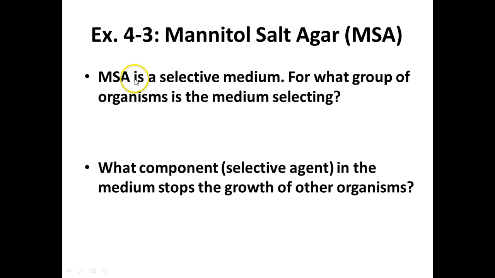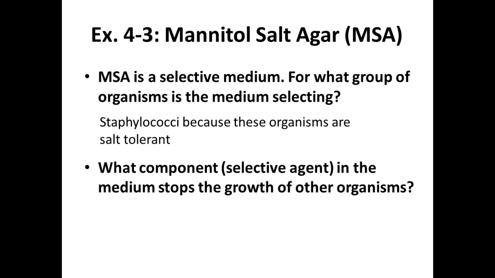The first one we're looking at is the Mannitol Salt Agar, and as I said, all these medias are selective. This one is selective for a particular group of organisms that we're typically looking for in clinical samples: Staphylococcus. The selective ability of this plate is the fact that Staphylococcus tend to be salt tolerant. So what's selective in this media is a high salt concentration.